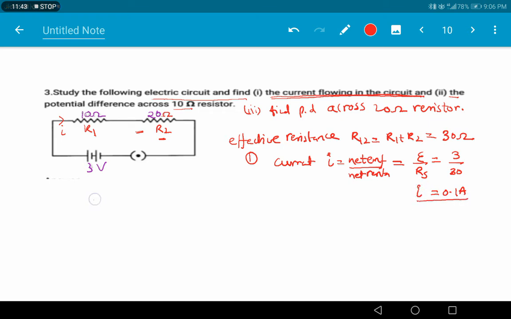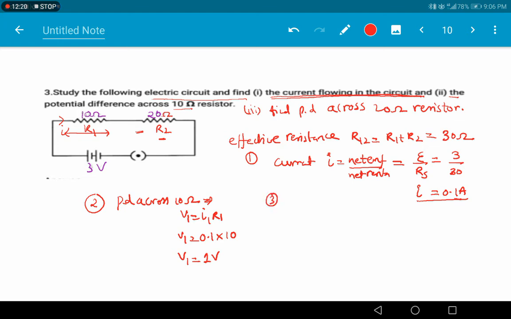Now the second question: what is the potential difference across the 10 ohm resistance? We know the resistance value, and in the same way we know the current passing through this. Therefore the PD across the 10 ohm, V1 is equal to I1 R1. I1 is nothing but 0.1 only. So 0.1 into 10, that is equal to 1 volt.